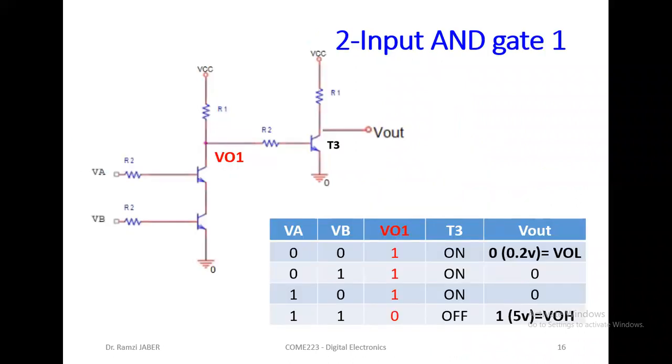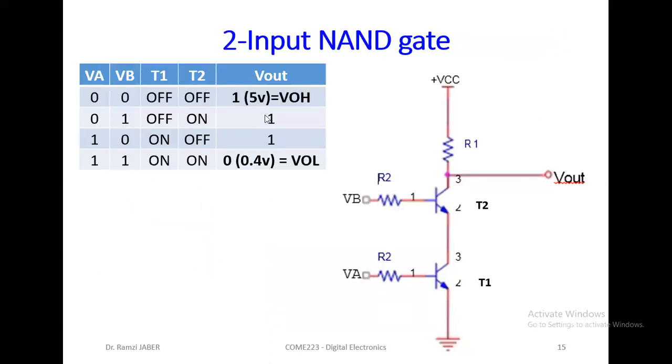Now, I want to construct an AND gate. For an AND gate, we can put this NAND with an inverter. So NAND plus inverter gives us AND. So this is the first output, the same as here, 1, 1, 1, 0.